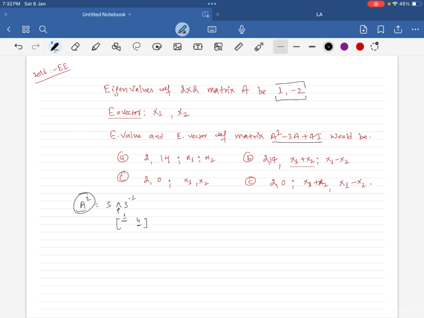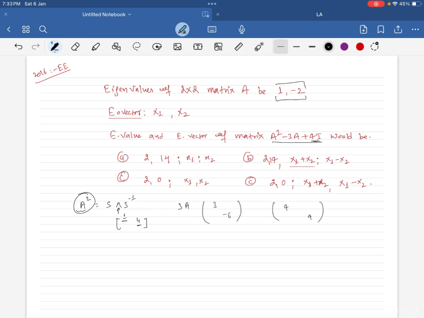Similarly, we can find the eigenvalues of 3A, and that is going to be 3 and minus 6, right? And 4I would have 4 and 4, right?